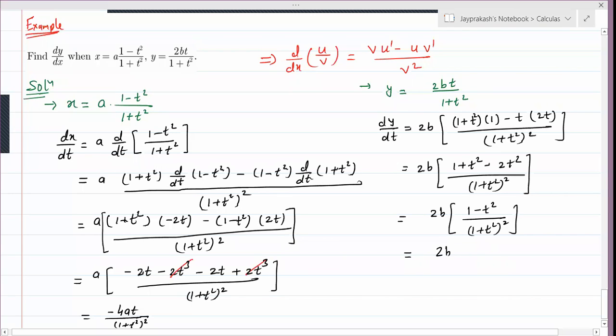So we can simply write here 2b (1 minus t square) and whole upon (1 plus t square) whole square.